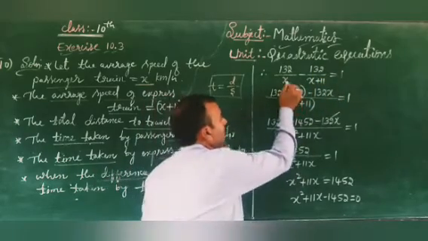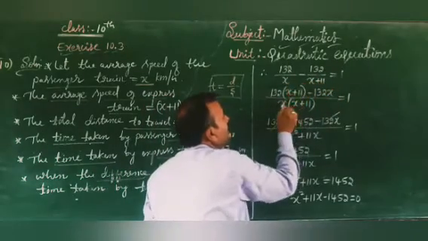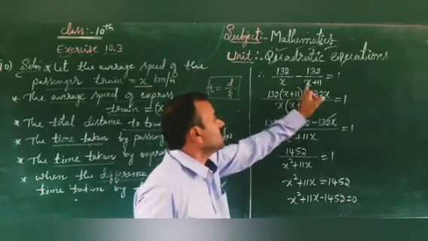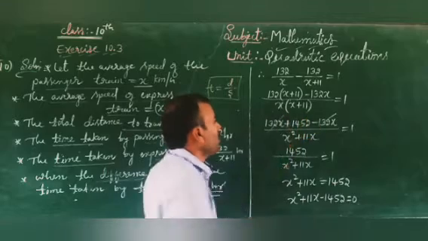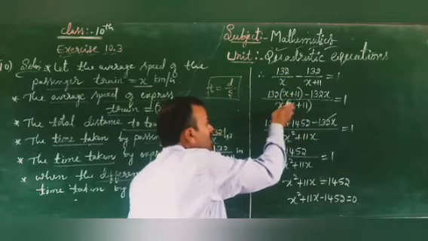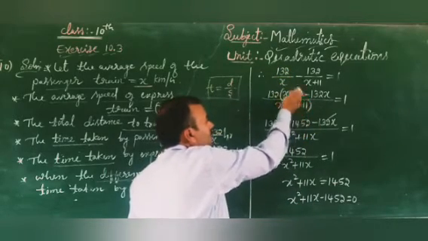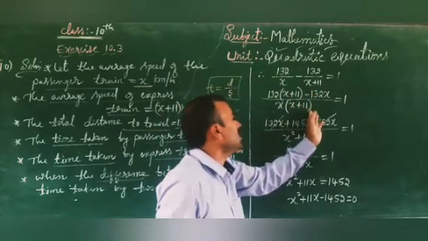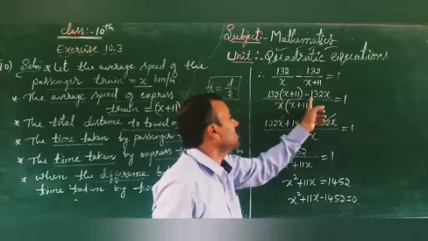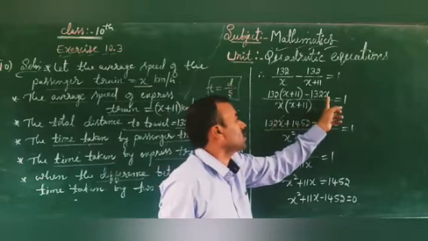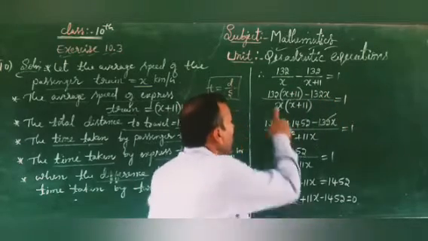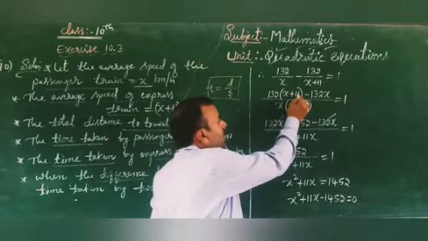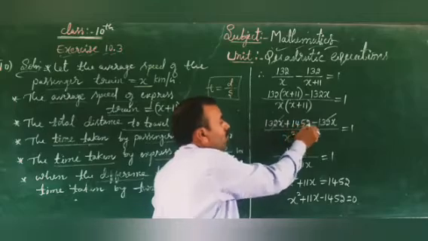Now consider the LCM of the denominators, x into x plus 11. Now x gets cancelled, so 132 into x plus 11, and x plus 11 gets cancelled, minus 132 into x, equals 1. 132 into x is 132x, and 132 into 11 is 1452.